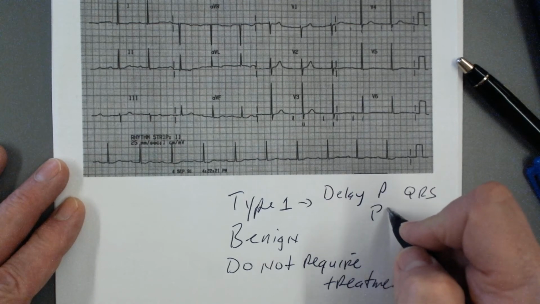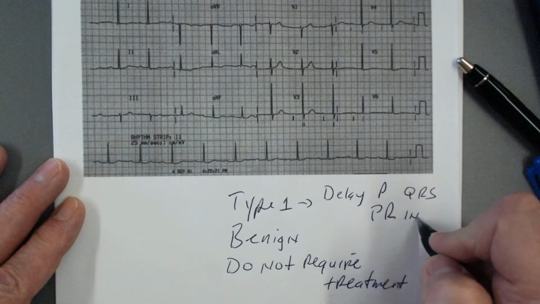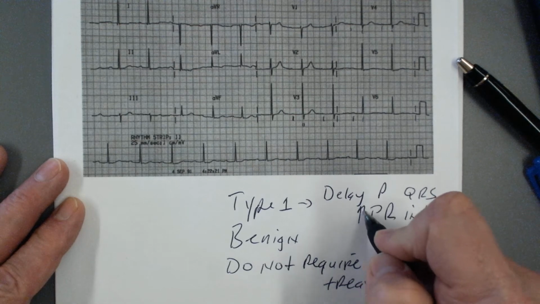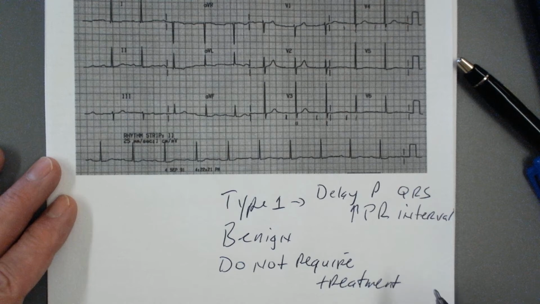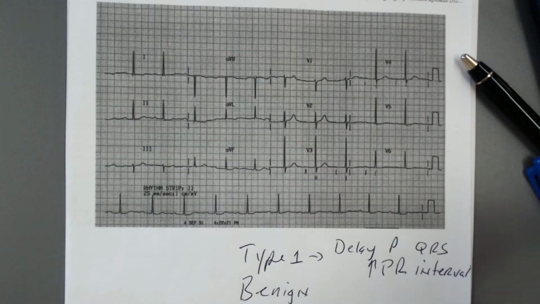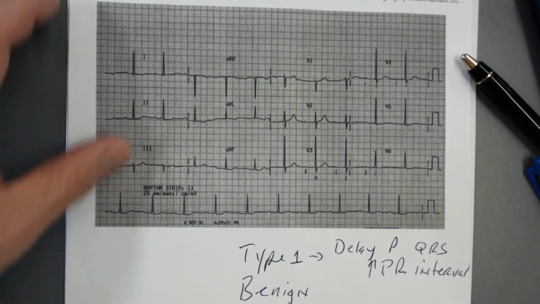So the PR interval is increased. It's consistently increased, as you can see in the EKG up here. So that is the first degree, otherwise known as type 1 atrioventricular block.